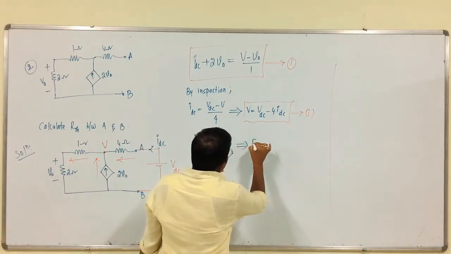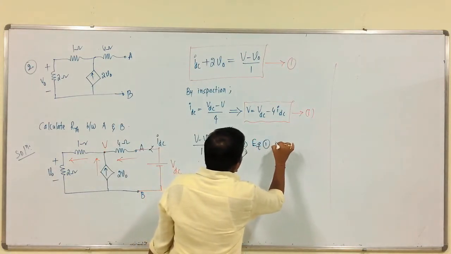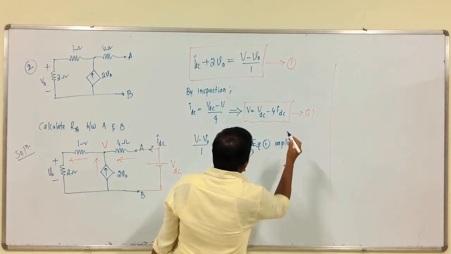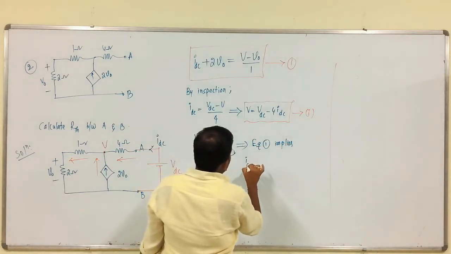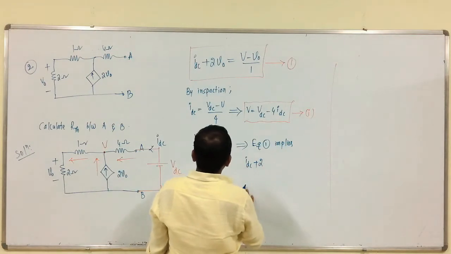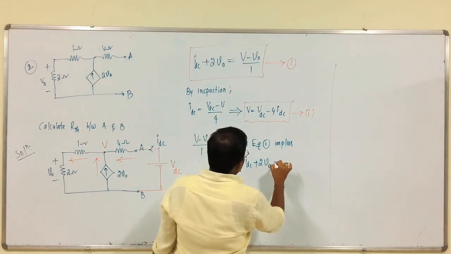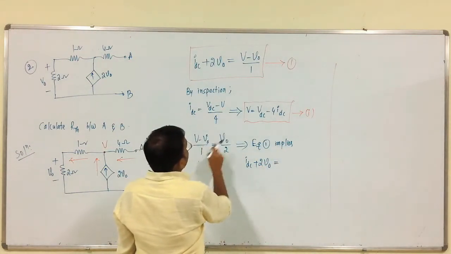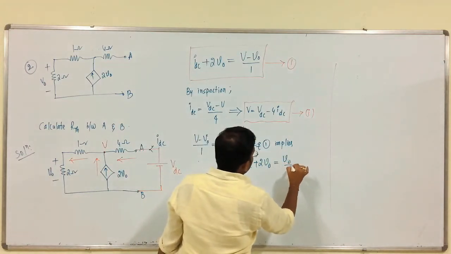Therefore, equation 1 implies IDC plus 2 V naught. In place of this V minus V naught, we have to substitute V naught by 2, right?